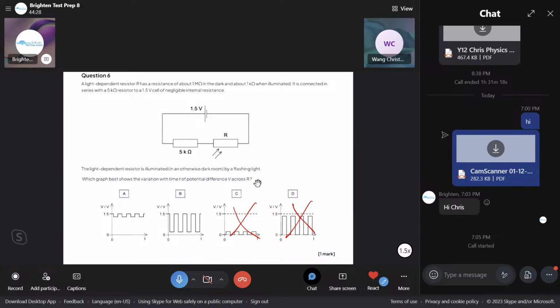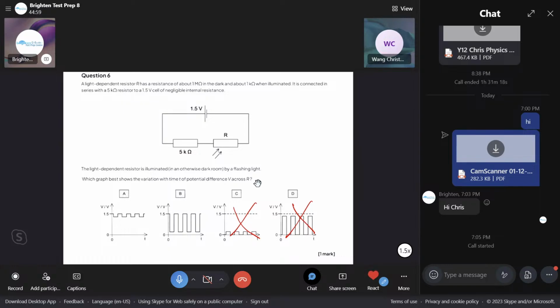And now, how about the main difference between A and B, Chris? For A, it assumes that the R still has more resistance than the 5k ohm.